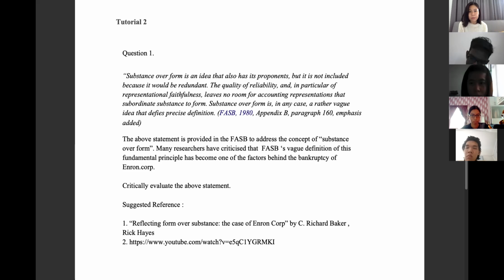Substance over form is in any case a rather vague idea that doesn't define a precise definition. You don't need a precise definition. So this is from the US Accounting Standards Board.